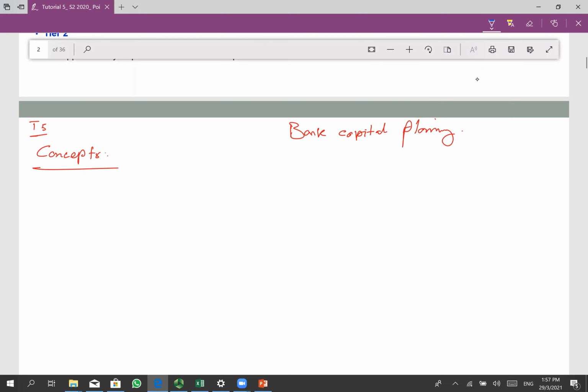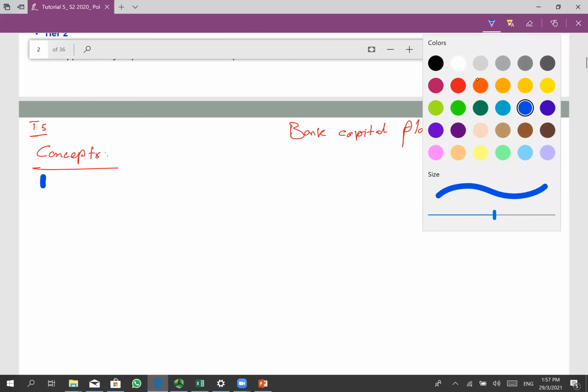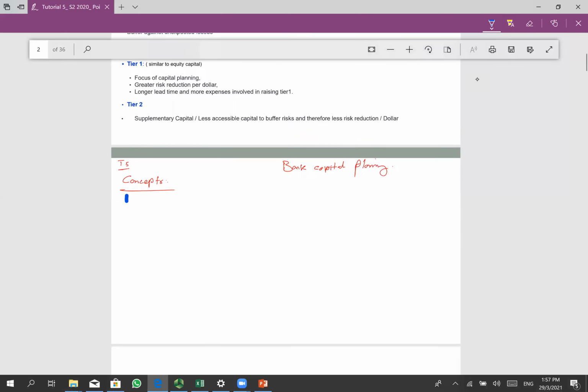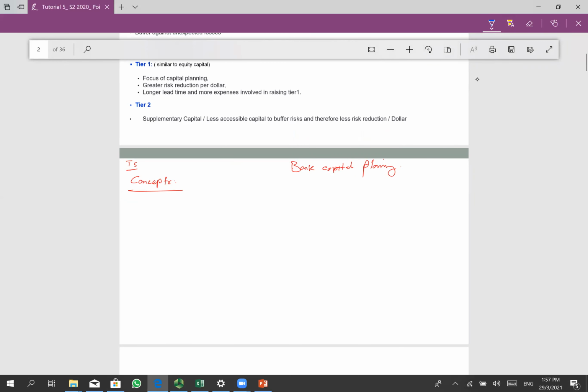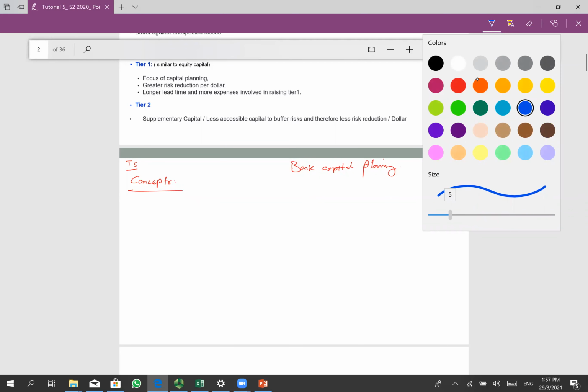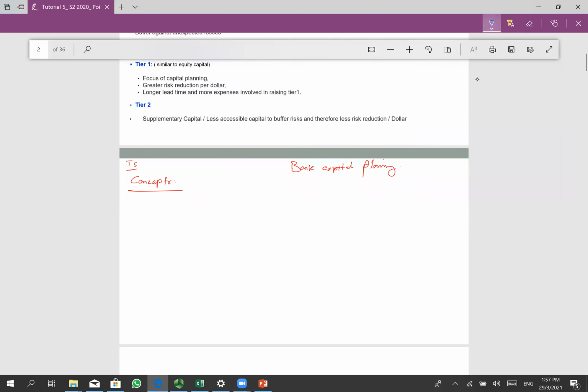First we want to understand the definition of capital, because we are talking about definition and also functionality.